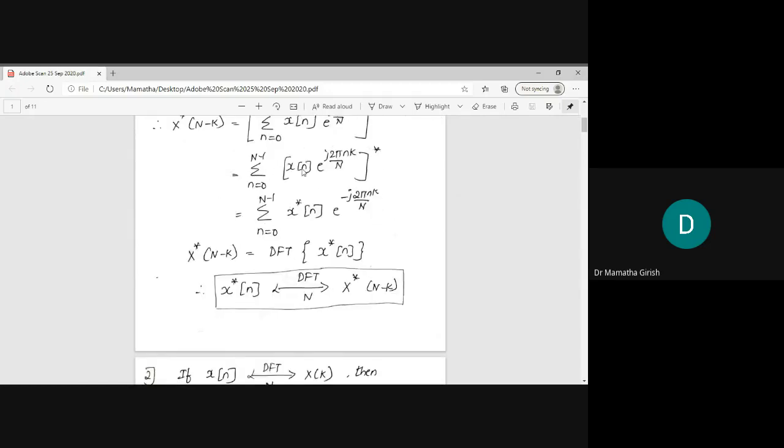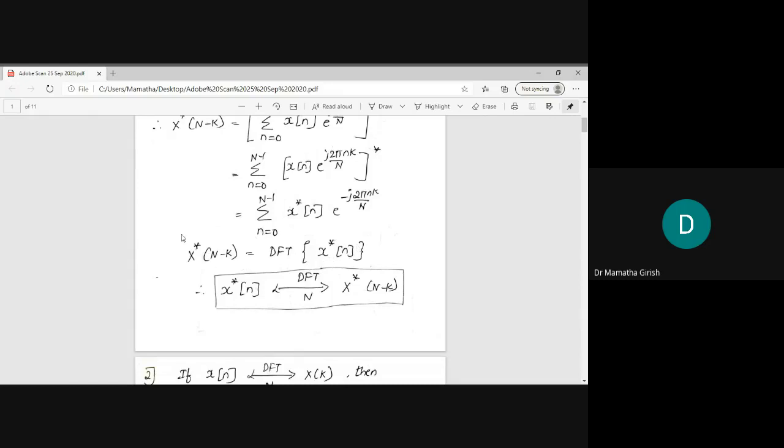If you observe this equation, it resembles the standard DFT equation. If I had x of n, this was the equation for the DFT of x of n. But in place of x of n, what have I got? x complex conjugate of n. That is why the RHS is nothing but the DFT of x complex conjugate of n.